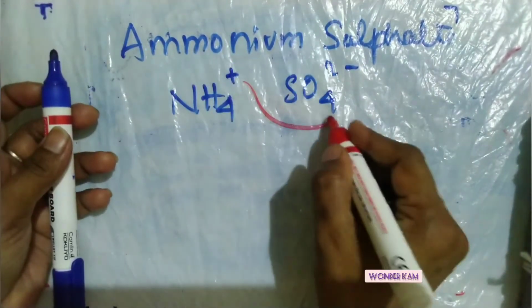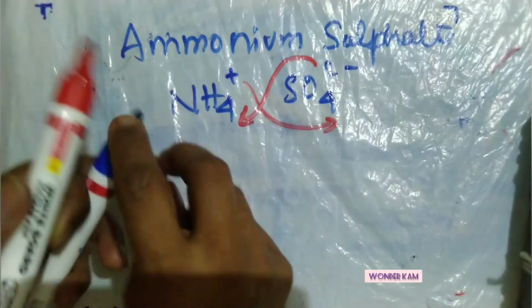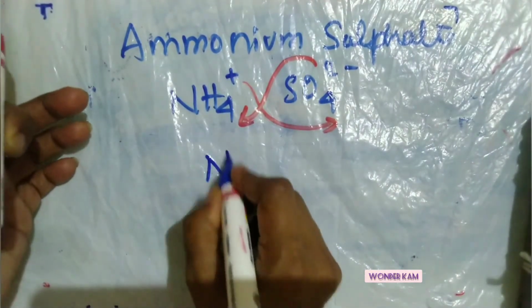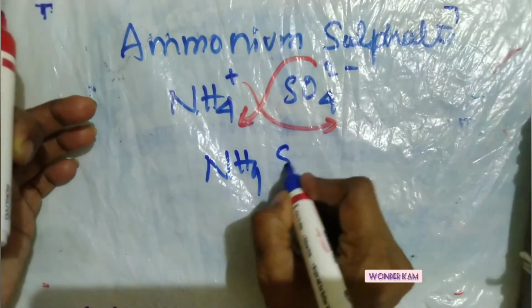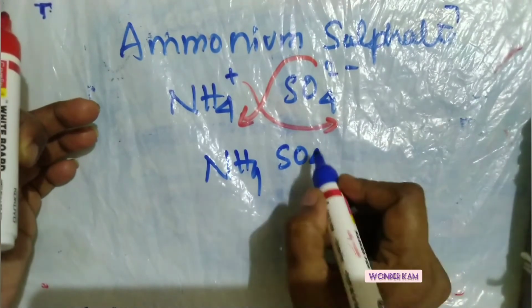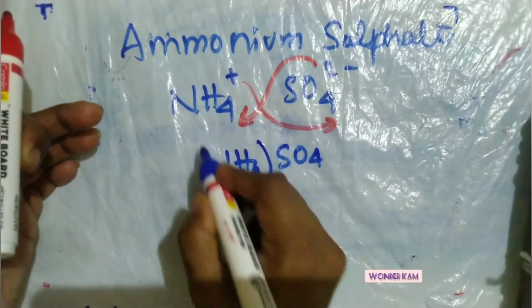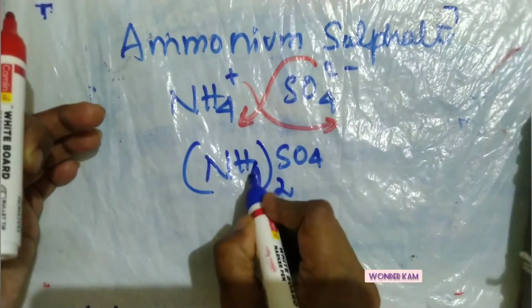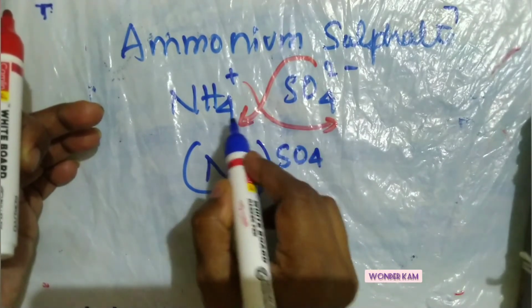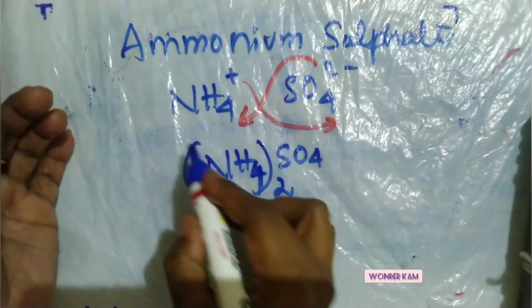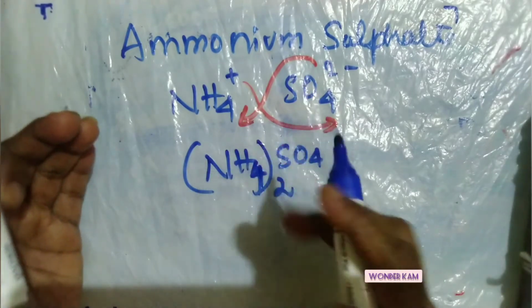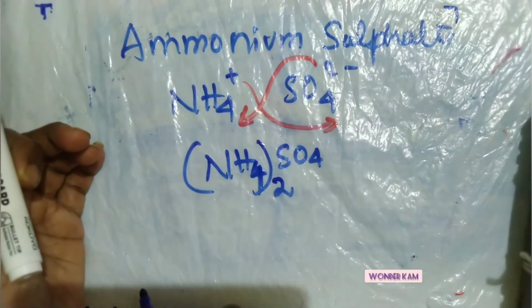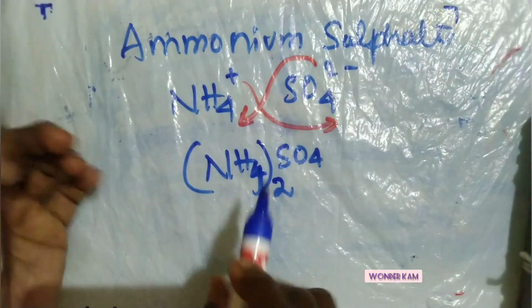So when you cross the charges, the 2 comes to ammonium. Got my point? It is a single unit, so we put the bracket around the whole ammonium, giving ammonium sulfate. I hope you have understood up to this.